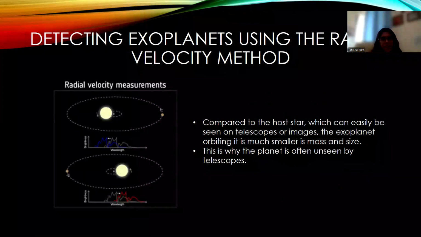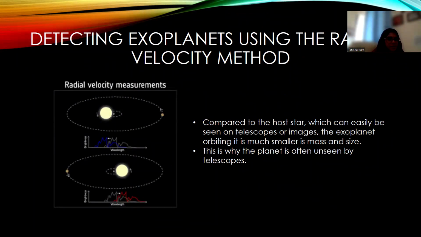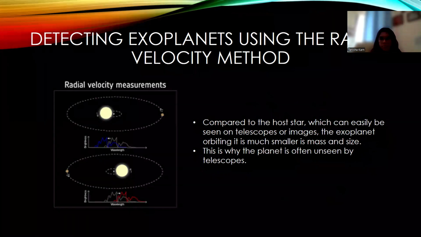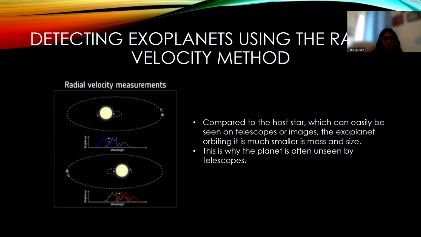Now, detecting exoplanets using the radial velocity method. Compared to the host star, which can easily be seen through telescopes or images, the exoplanet orbiting around it is much smaller in mass and size. And this is why the star usually outshines its exoplanet.